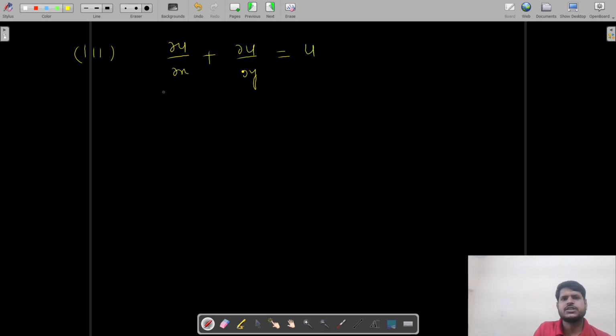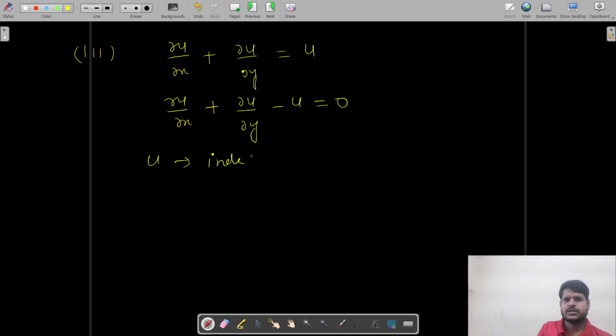So this is homogeneous. How is this homogeneous? You can write derivative of u with respect to x plus derivative of u with respect to y minus u equal to 0. So this is homogeneous, so we can apply here the separation of variables method. Here u is the dependent variable.